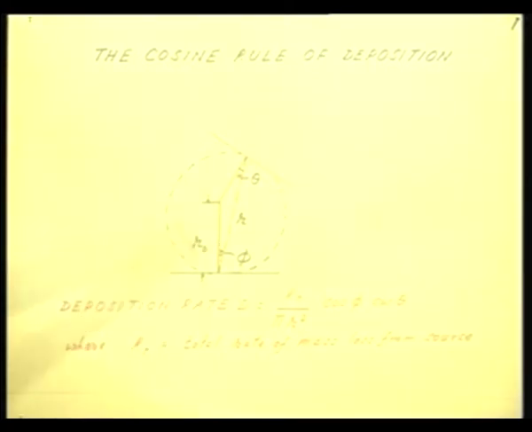Phi is the angle between the direction of the metal deposition and the normal to the surface of the source.